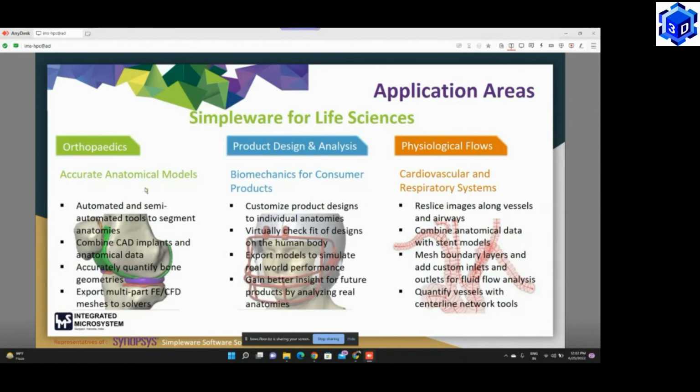All the analysis related to the physics and chemistry of specific materials can be conducted in the product design and analysis section. For cardiovascular and respiratory systems, if you want to cross-check physiological flows or generate new flows, these things can also be done in this software.